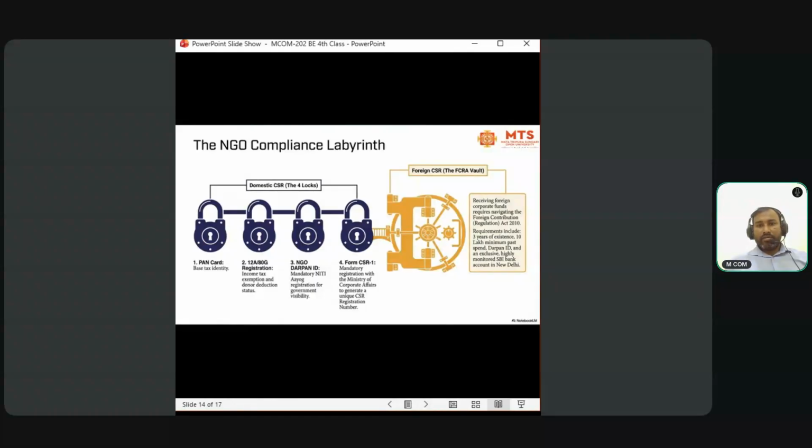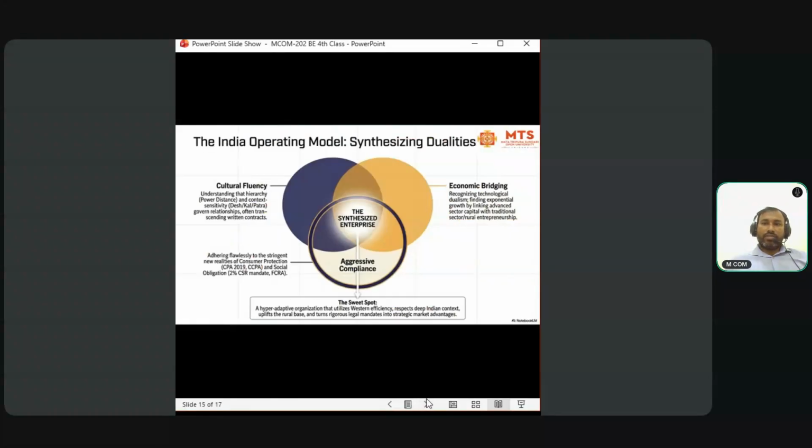First is a PAN card, then registration, 12A and 80G, and NGO Darpan ID, and Form CSR-1, the mandatory registration with the Ministry of Corporate Affairs to generate a unique CSR registration number. Okay, this is the system of CSR registration.